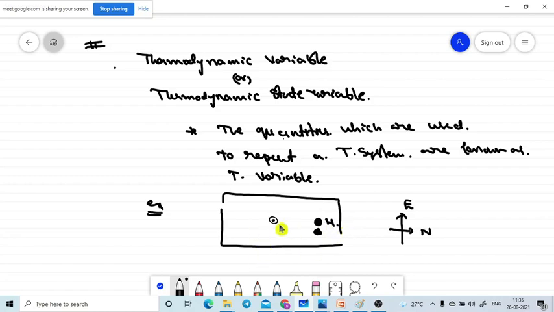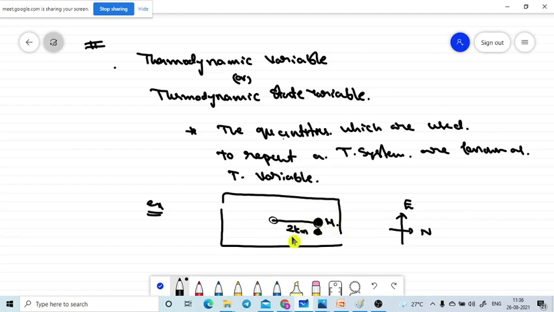So how can we represent the position of your house? You will simply say that my house is from the center of the city, in the north direction, a certain distance, maybe around 2 kilometers. So to locate your house, you need two types of parameters.